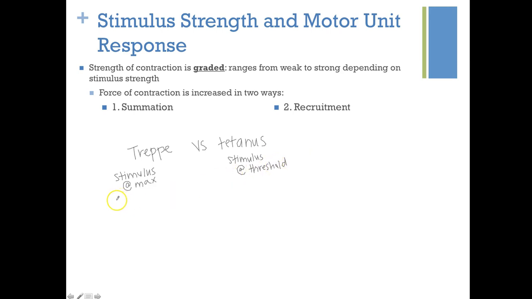The other difference we're going to see is with treppe, we have low frequency of the action potentials. And with tetanus, we're going to have increased frequency of our action potentials. And last thing is, in treppe, we have increased sarcoplasmic calcium.